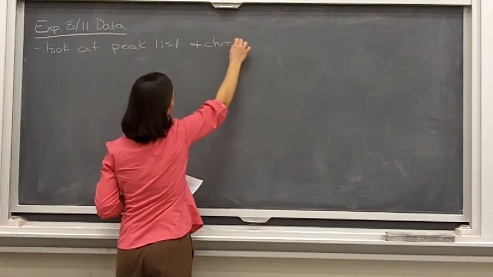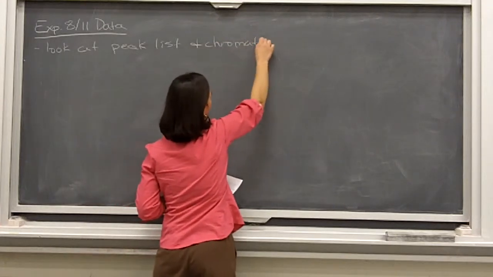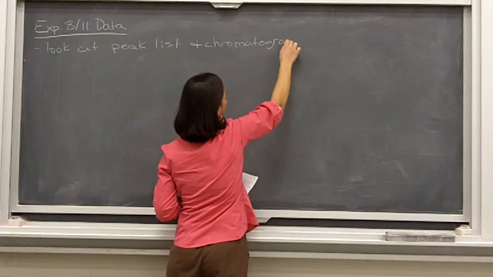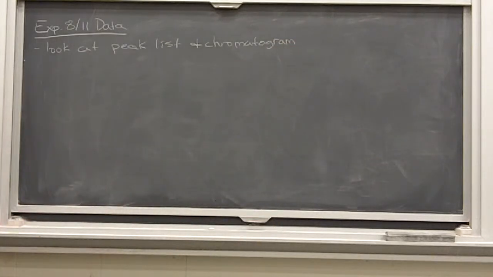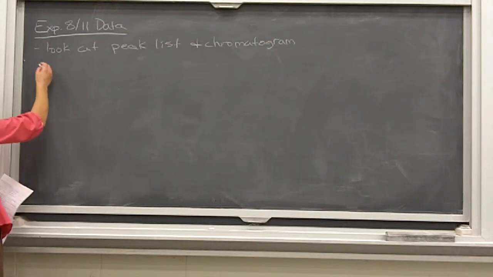Don't just look at the peak list, because sometimes there's peaks that are not on your peak list that do appear in your chromatogram, and you're going to be comparing experiment 8 and experiment 11 data to each other, as well as reasoning why each has its own individual data. So make sure you look at both.